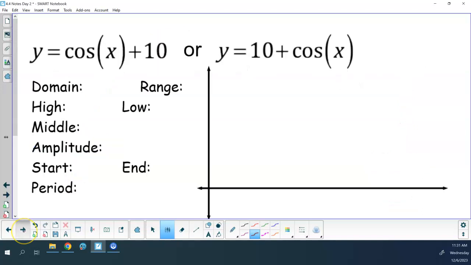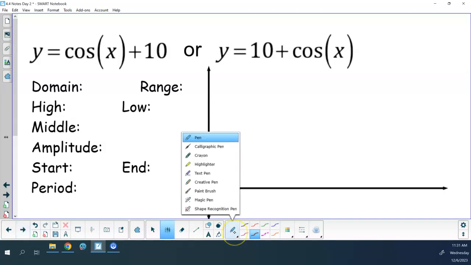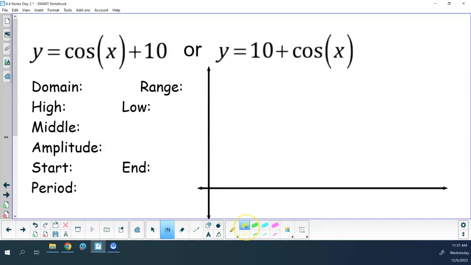Okay? So, let's do this one. Now, depending upon how you write it, these two things right here mean exactly the same thing. So we could write it like this. That's typically how we write it. We write it with D at the end.